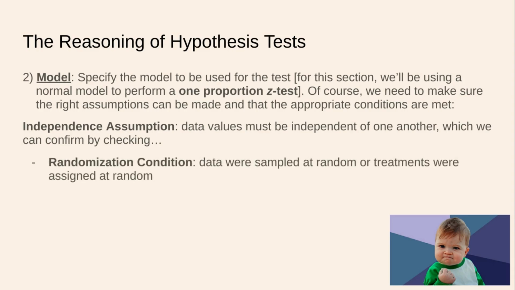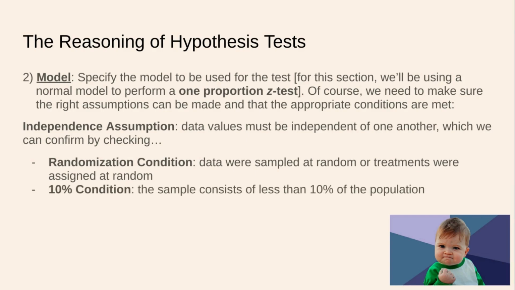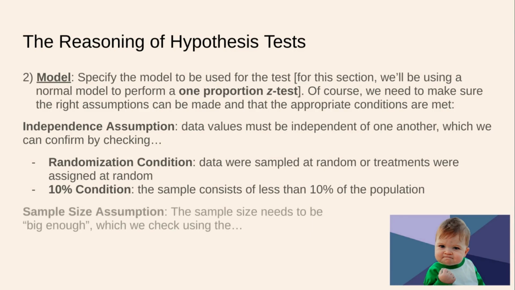The randomization condition. Data were sampled at random or treatments were assigned at random in the case of an experiment. Also the 10% condition. We cannot sample 10% or more of the population without violating independence, right? So in order to assume independence, we need to sample less than 10% of the population.